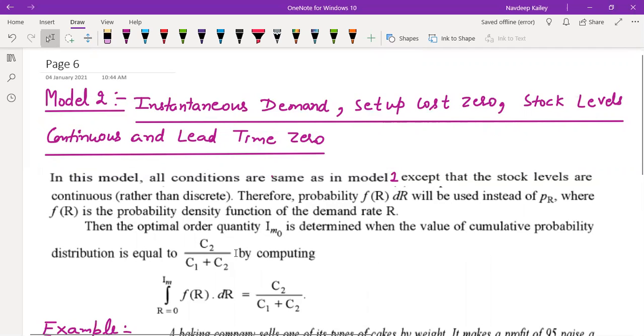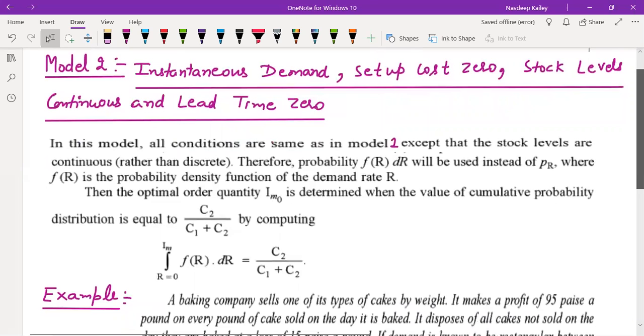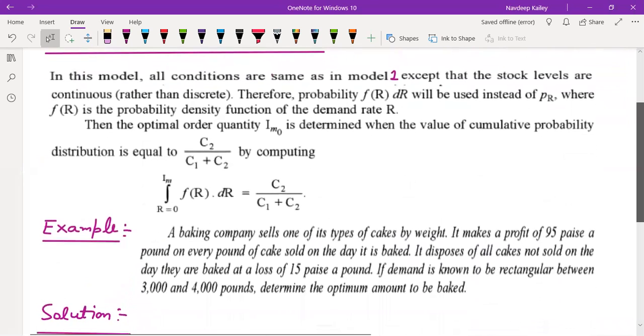C1 and C2 are the overstocking cost and understocking cost, which I discussed in model number one. Now, here we will discuss one example that relates to model number two.